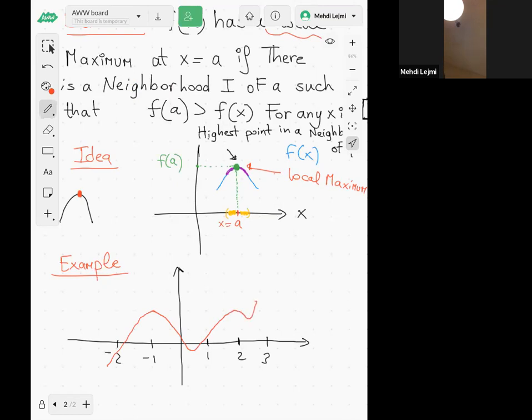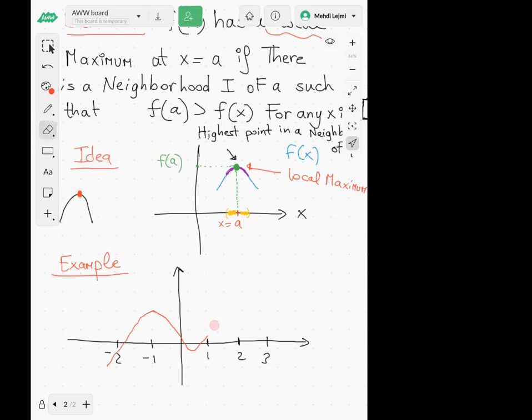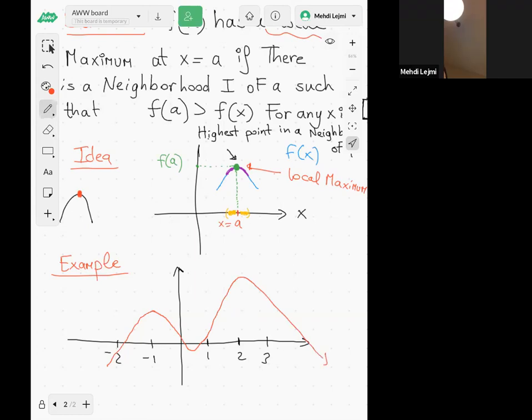So let's say here, this is f of -1, and this is let's say f of 2.